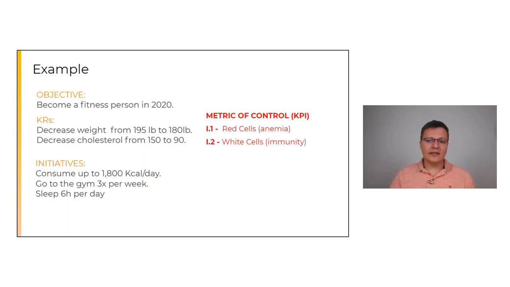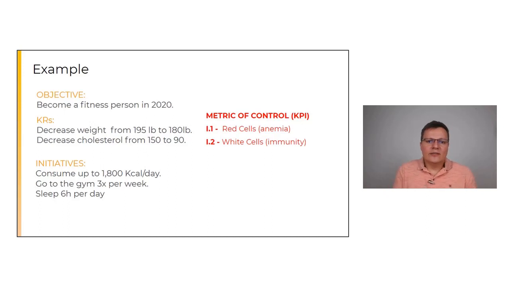I was not checking if I was becoming an anemic person, if my red cells were decreasing, or my white cells, the immunity. Because I put here, go to the gym 3 times per week. And I went to the gym and stayed there for 3-4 hours per day, running 40 kilometers.